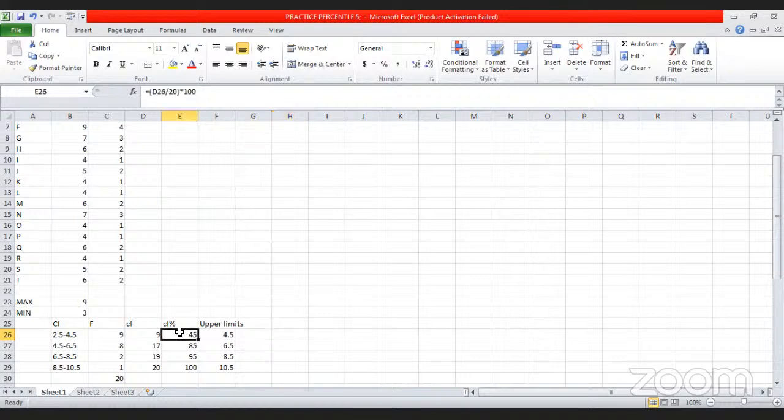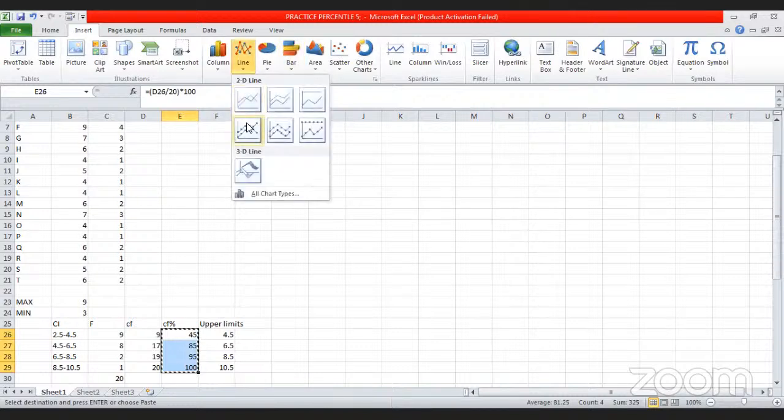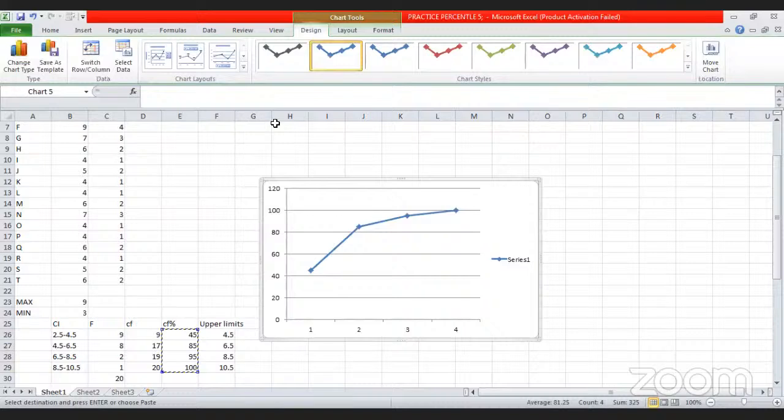I'm selecting the cumulative percentages. Then I will go to insert, line. Here is my Ogive. Now I have to change the x-axis into the upper limits.